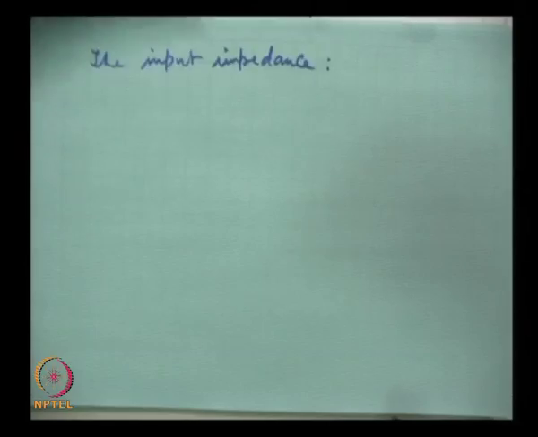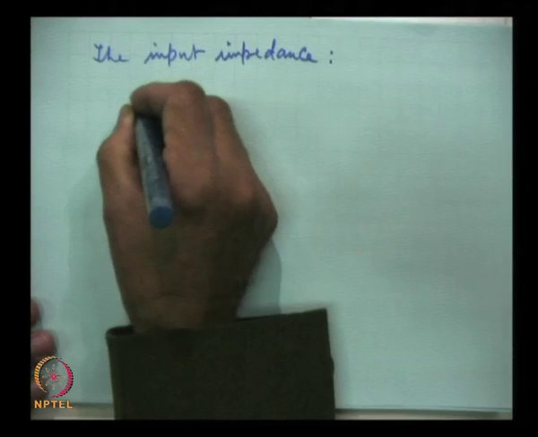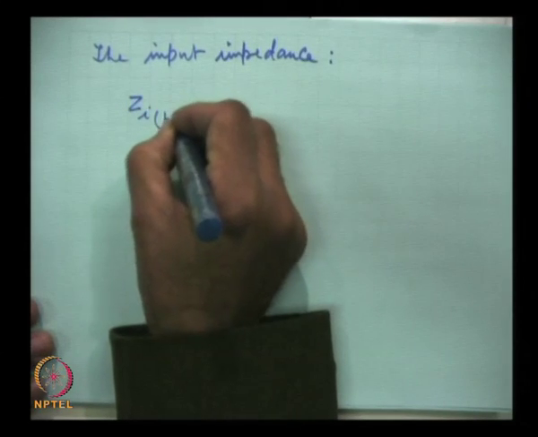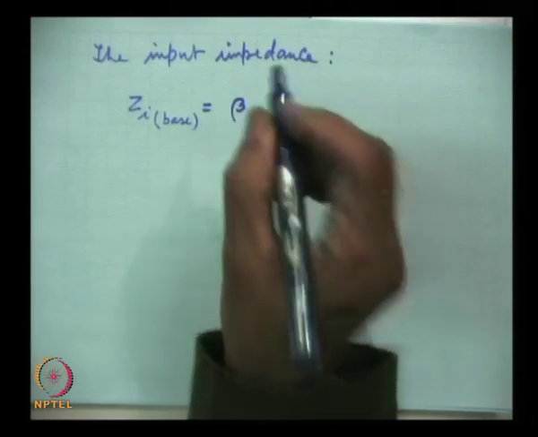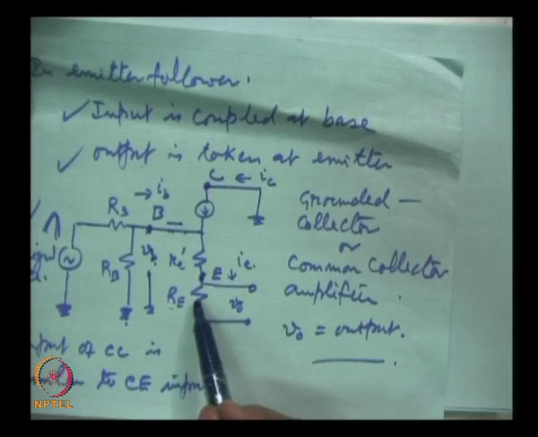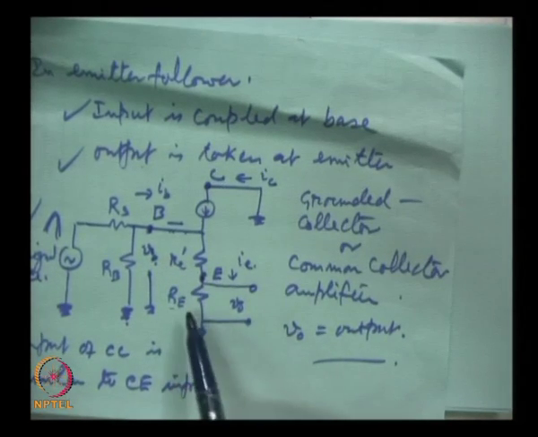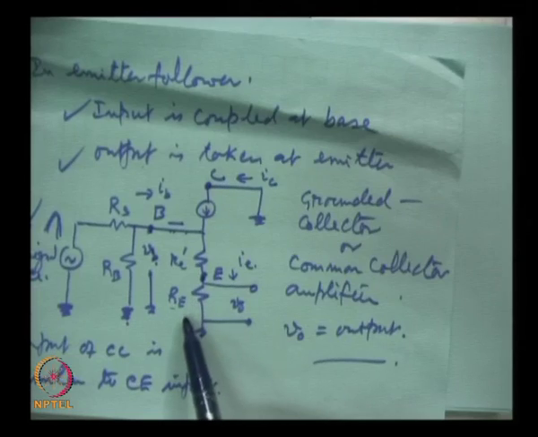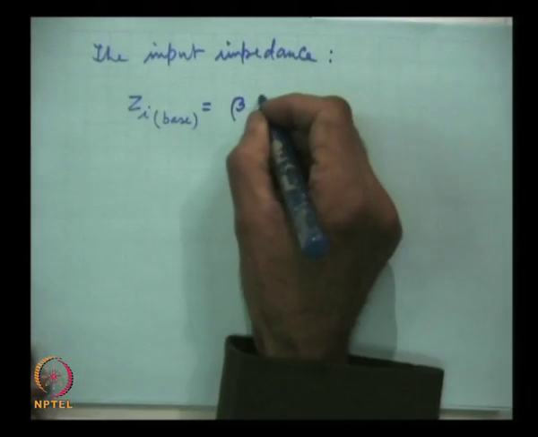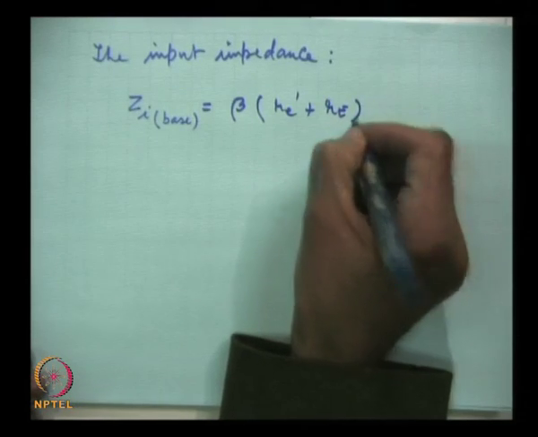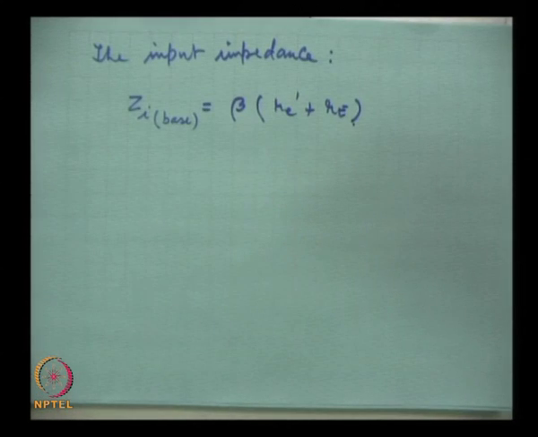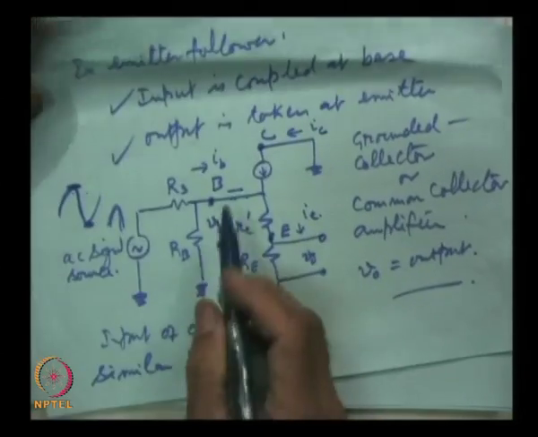Now, in this case we can use the same, Z in the input impedance into base. This is beta times the impedance, and the two impedances are in series. This is the AC dynamic emitter resistance and this is Re which we have connected. So, this is Re prime plus Re.